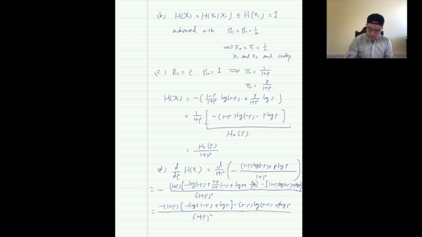Now we do some combination to make our life easier. In the end, what we get is 2 log (1 minus P) minus log P, over (1 plus P) squared, which is the log of (1 minus P) squared over P, and that equals 0.